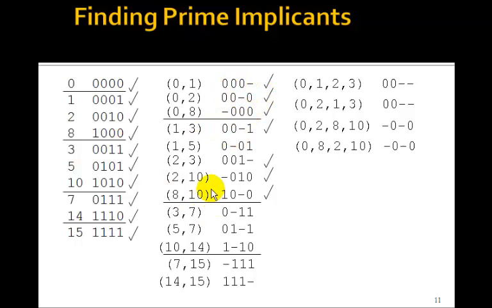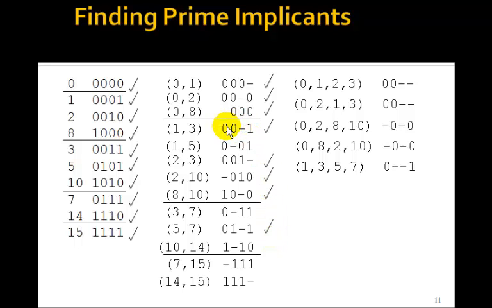How about this group with this group? Well, 1, 3. We've got a dash here. The only one it can go with is 5, 7. 1, 3, 5, 7 is going to be 0 dash dash 1. 1, 3 is checked off, and 5, 7 we have to check off.